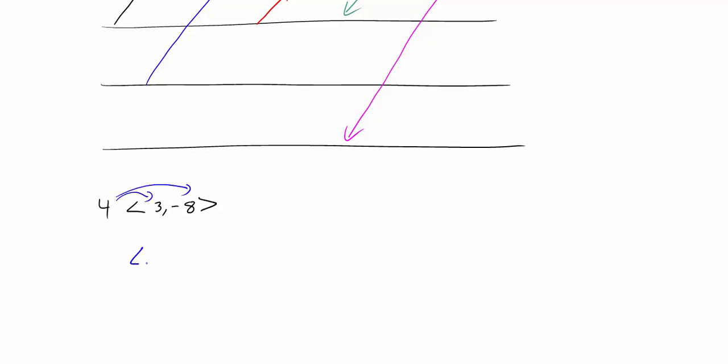We would end up with 4 times 3, which is 12, and 4 times -8, which would be -32. So this here would be 4 times the vector <3, -8>. You're simply going to multiply each part of the vector by the scalar.